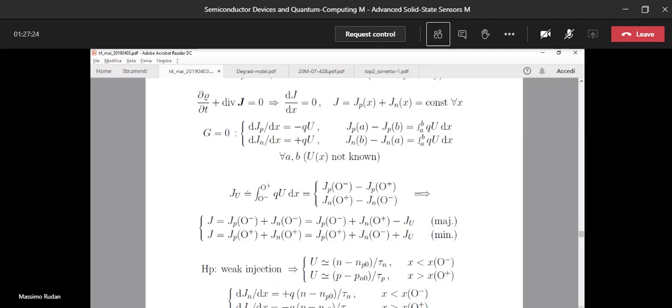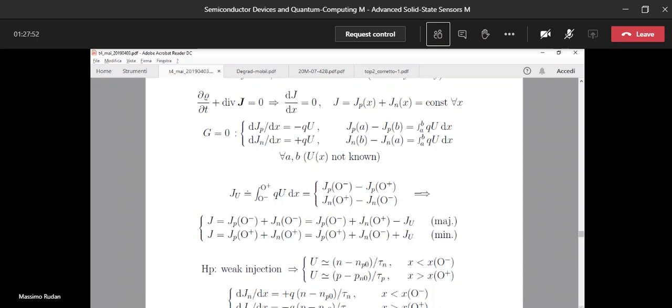So the line in which you see the parentheses on the right with MAJ, okay, that stands for majority carriers, we are able to express the total current density in terms of the majority carriers only, calculated at the edges of the space charge region. Okay.